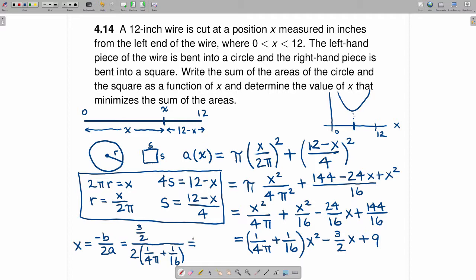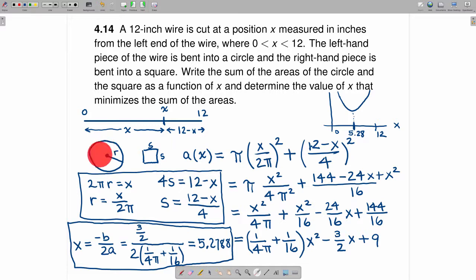Now if you take that number and you plug it into a calculator, the number you get is 5.2788, and that number right there is the solution to the problem, where it is asking what is the value of x that minimizes the function. I'll just write that as 5.28, this point, which will give you the smallest sum of the area of the circle plus the area of the square.